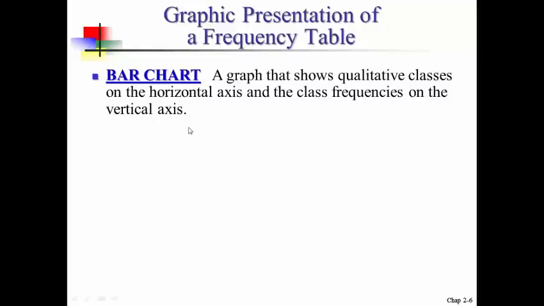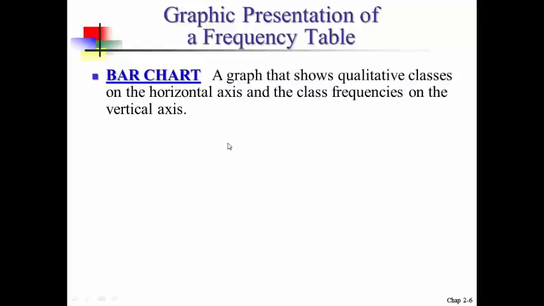This is vertical, this is horizontal. Normally when you study mathematics, vertical is 0y, horizontal is 0x. And the class frequency is on the vertical axis.